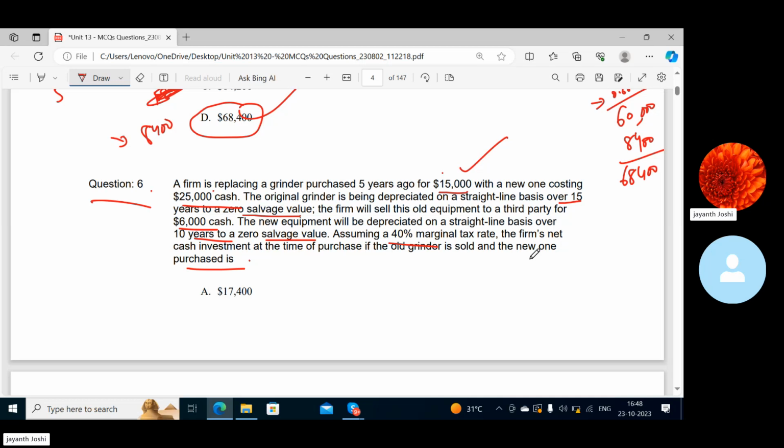So what is its carrying amount we have to see, right? So 15,000 is the cost, correct or wrong? Yes. Its life is how many years? 5 years. 15 years they're going to depreciate, right?